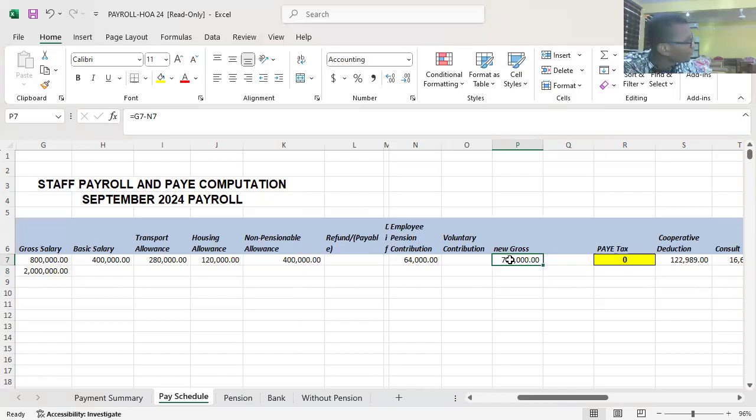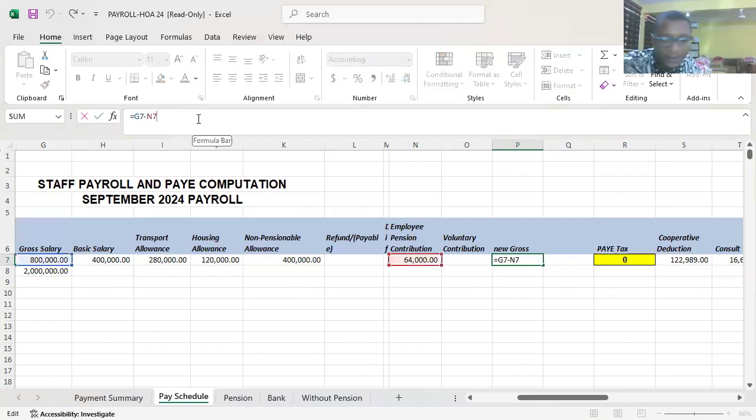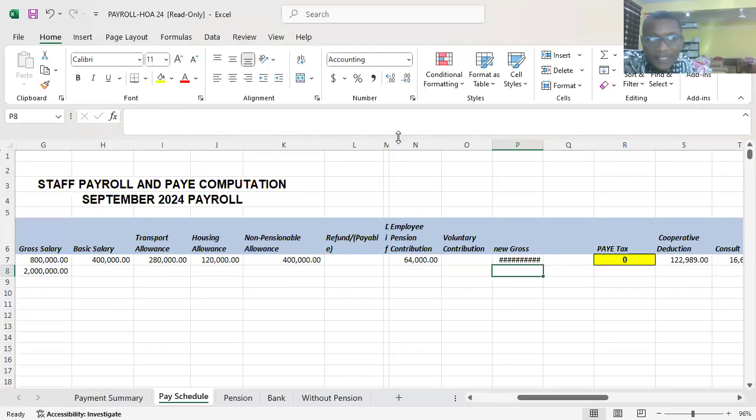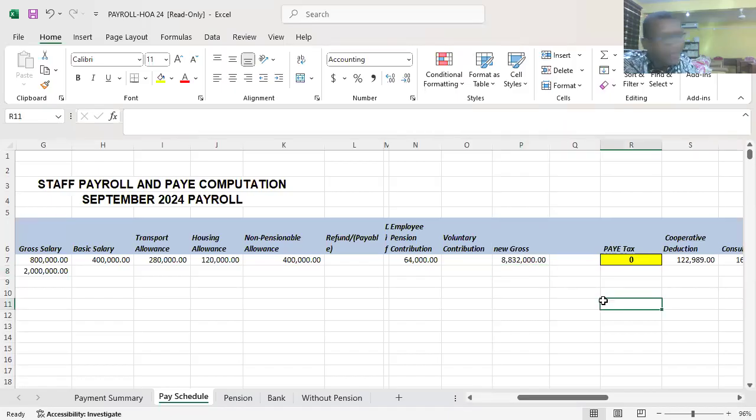But because I have to do my tax, and my tax has to be per annum, I'm going to say this new gross, multiply by what? Multiply by 12, to give me the same thing. So it means this new gross you see here is per annum.